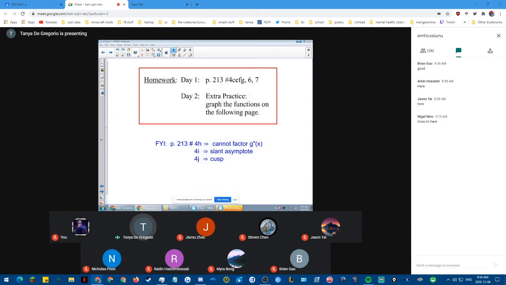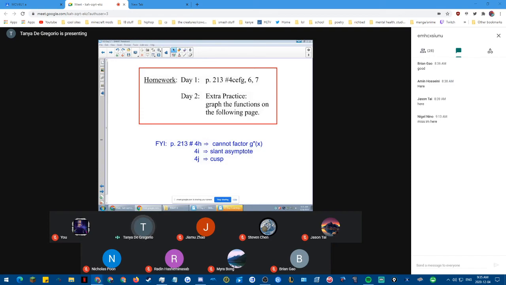So use the derivative to show that the graph of the quadratic function f of x equals ax squared plus bx plus c, where a is greater than 0, is decreasing on this interval. So you need to find your first derivative, which in this case would be 2ax plus b. And then you set it equal to 0 to find your critical point, which is how you get your negative b over 2a.